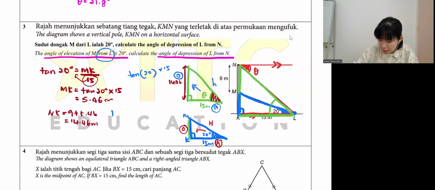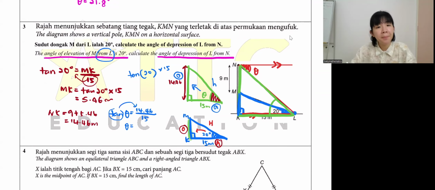So tangent theta equals O over A, O is 14.46, A is 15. To find the angle, bring the tangent over and it becomes inverse. You straight away put tangent negative 1 of 14.46 over 15.